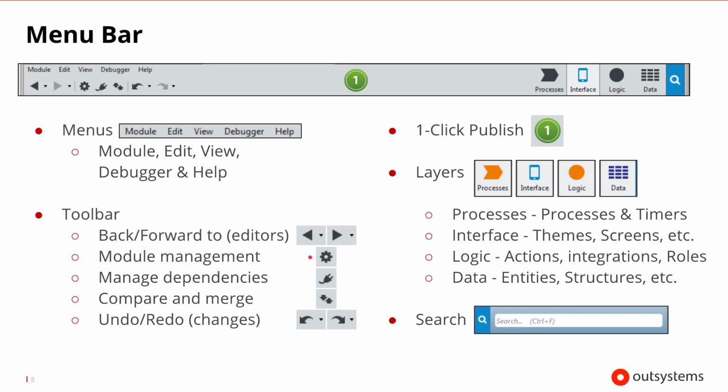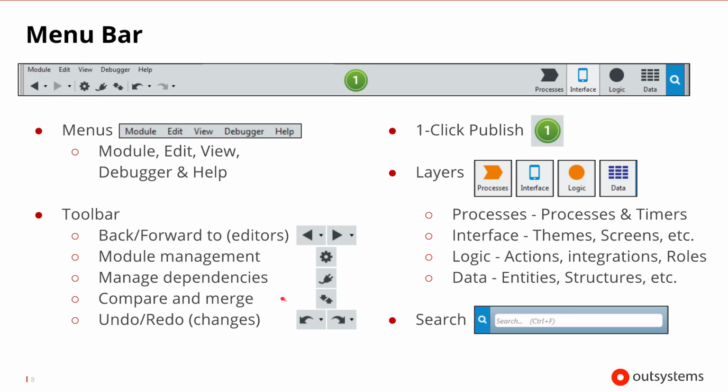Module management allows us to be able to see the Service Center view of the modules in our server. Manage dependencies looks like a plugin that allows us to make sure that any of the components that we're using in our current module, we understand what those dependencies and plugins are.